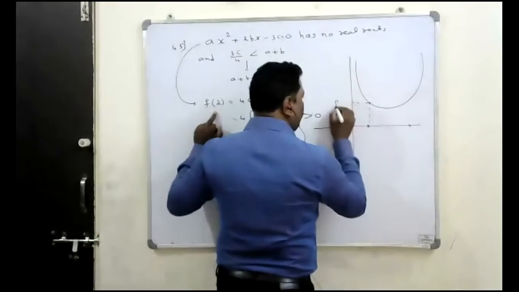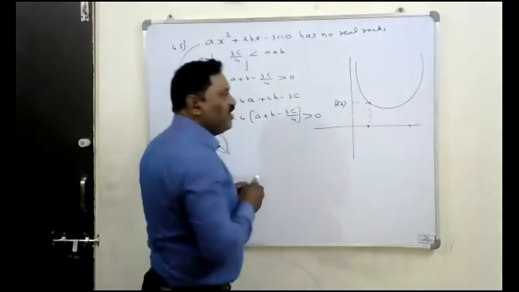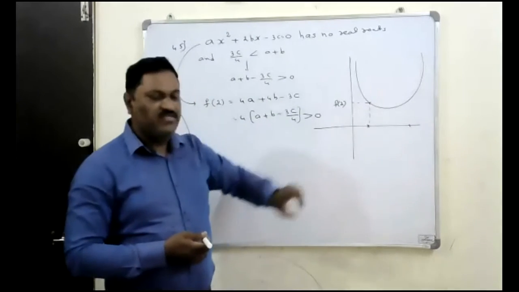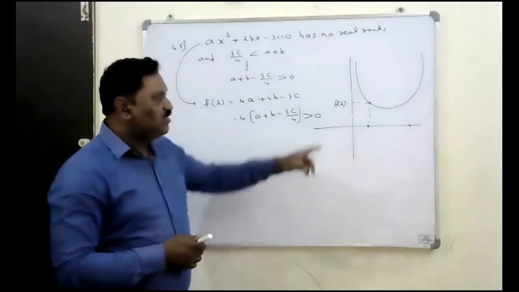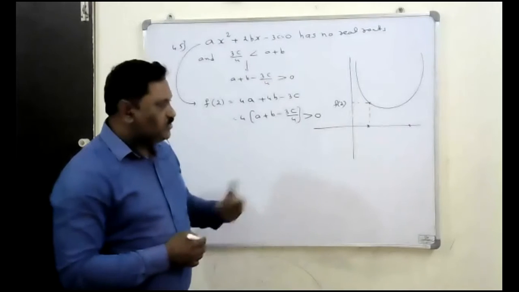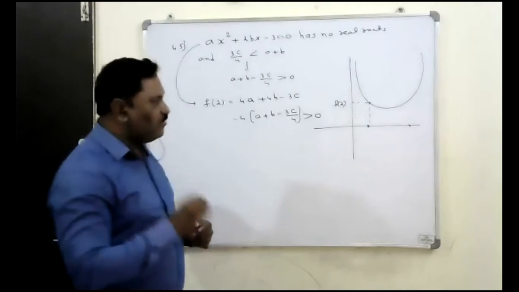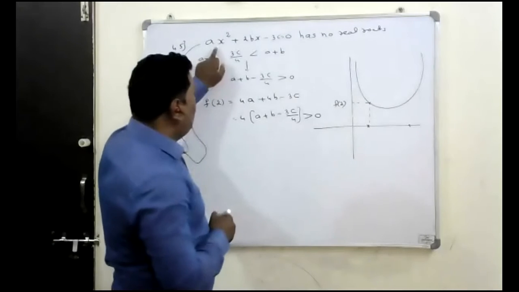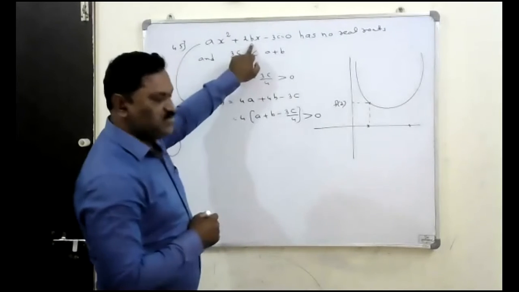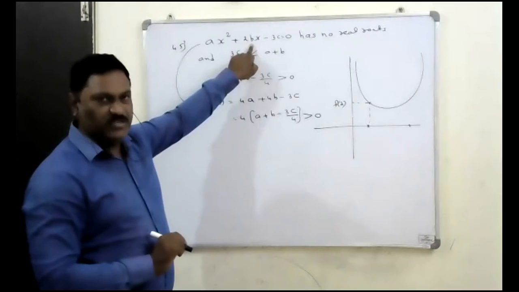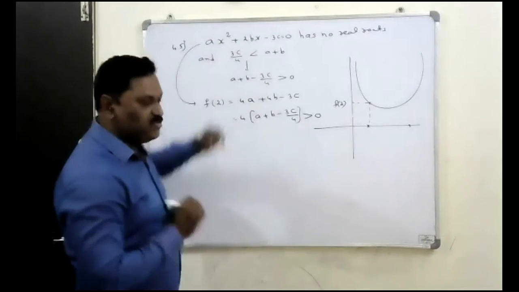Since f of 2 is positive, for every value it should be positive only, because it has no real root. Now I want to find the sign of c. To get c only, I should eliminate these two terms. To eliminate them, I keep x is equal to 0. Then these two terms are eliminated.